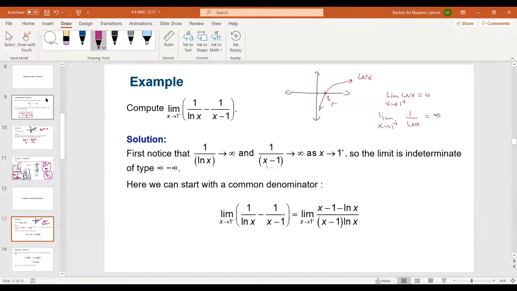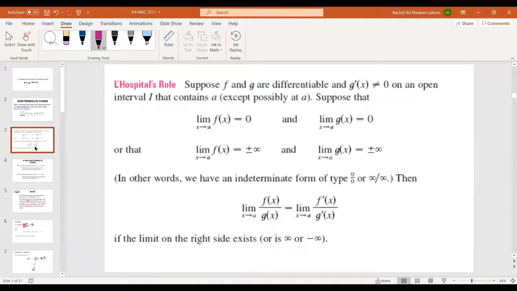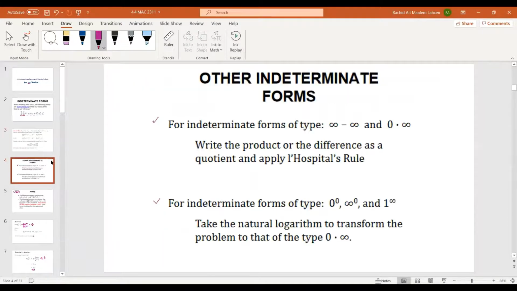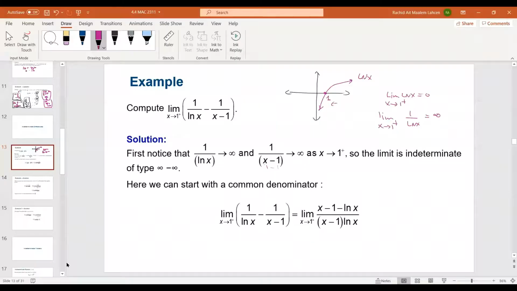let's show you here again in the notes. If you have this, write the product or the difference as a quotient and apply the L'Hopital rule. So putting these together, we have x minus 1, right?